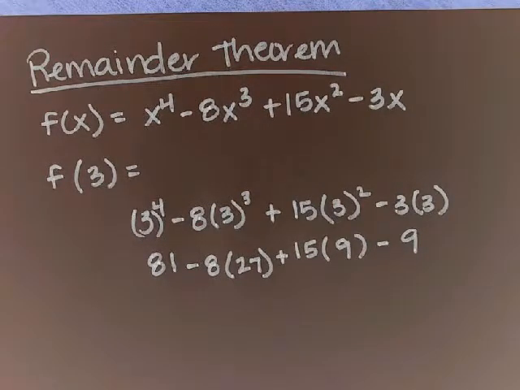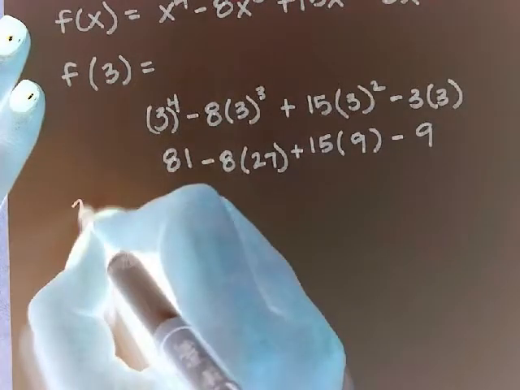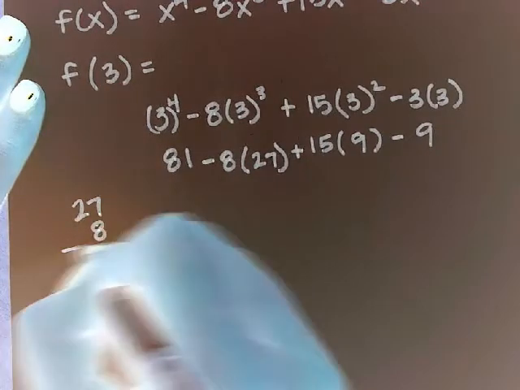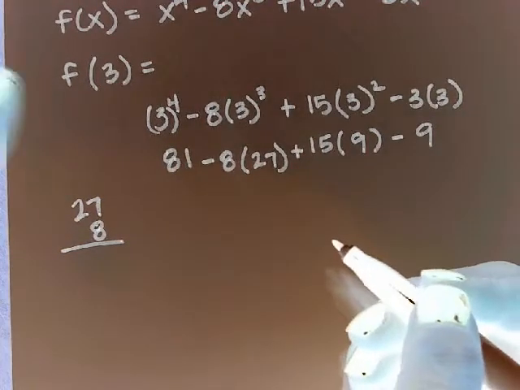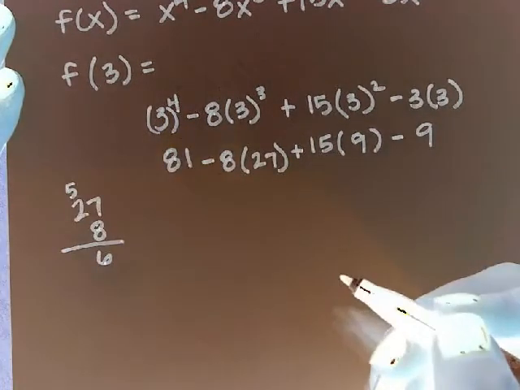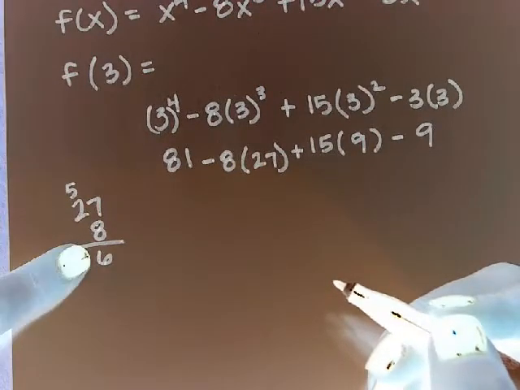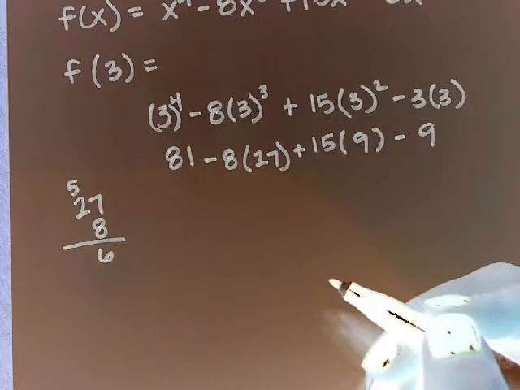Anyone remember how to multiply 2-digit numbers times a 1-digit number by hand? So we'll have to do like 27 times 8. 7 times 8 is 56. I used to have a really hard time with that one. So put the 6 down, bring the 5 up.